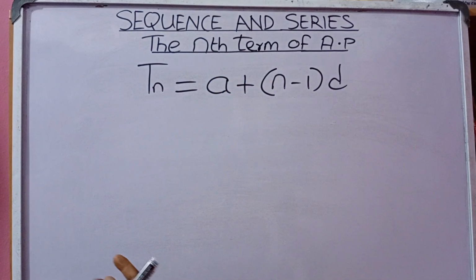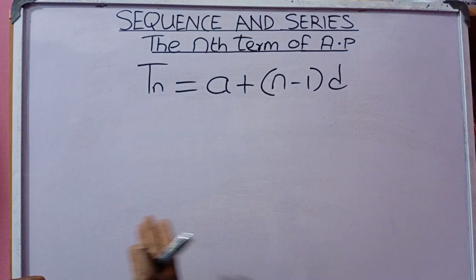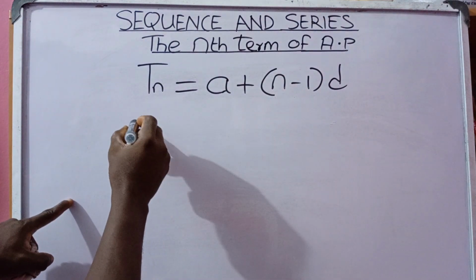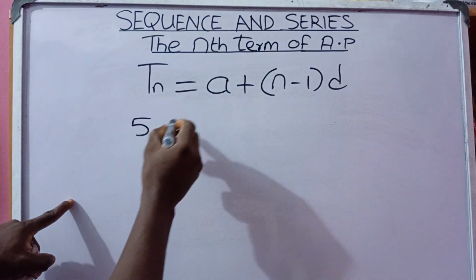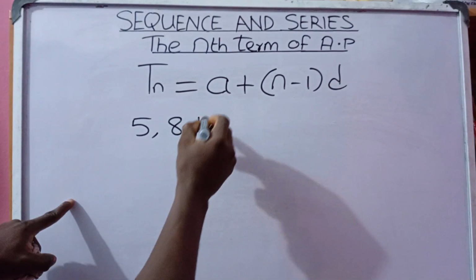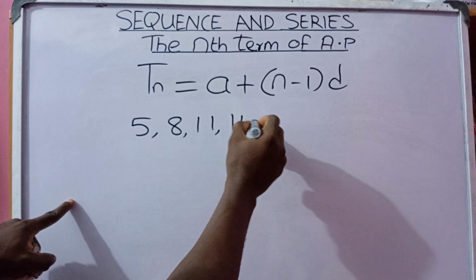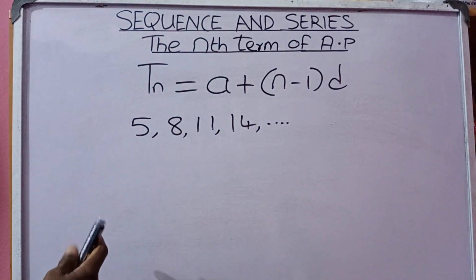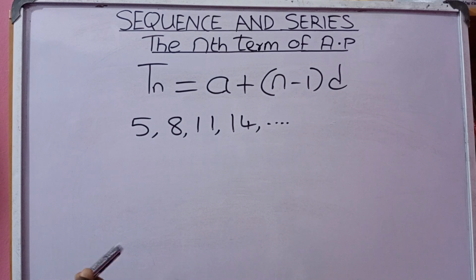For you to say that a sequence is in AP, how do we identify that? For example, you have 5, 8, 11, 14. This is a typical example of an AP. Why do we say so?